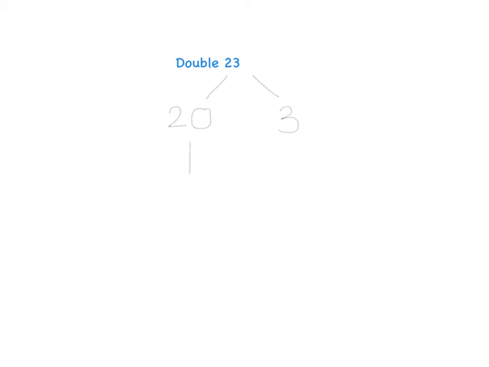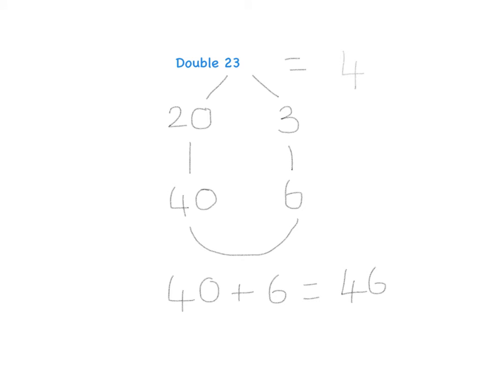So double 20 is 40 and double 3 is 6. Then we need to add these two numbers together. So 40 plus 6 makes 46. So double 23 equals 46. We'll have lots more practice at these just so that you get the hang of it.